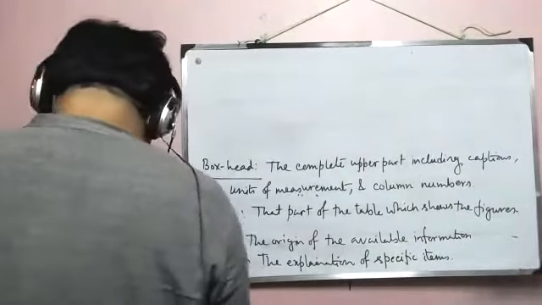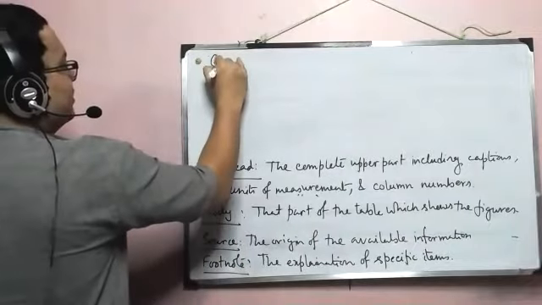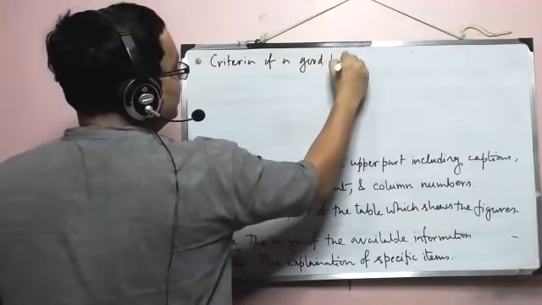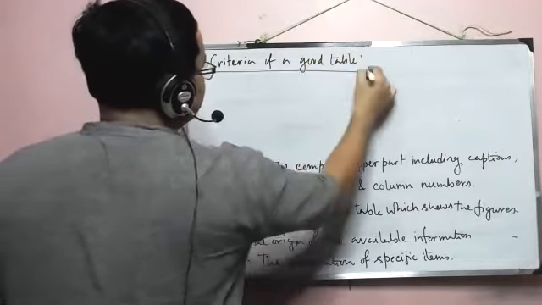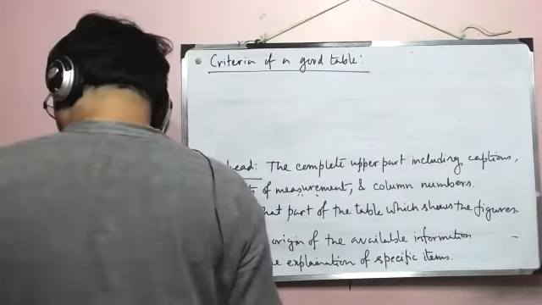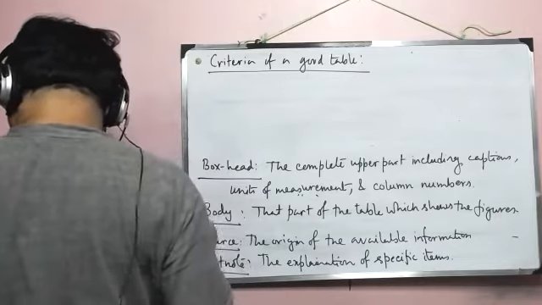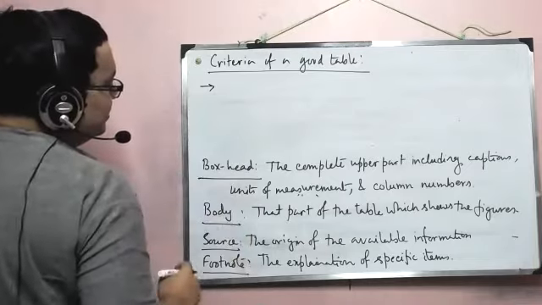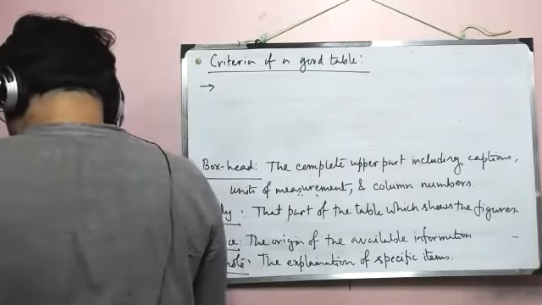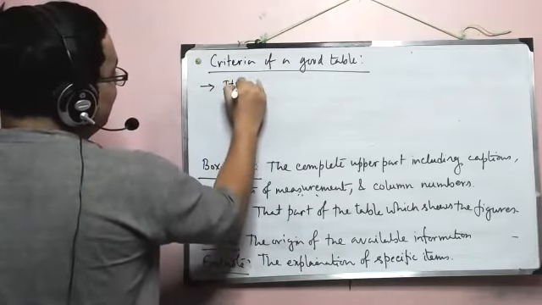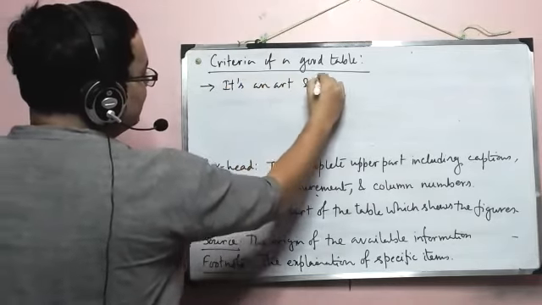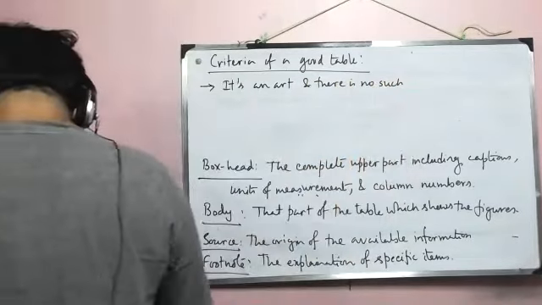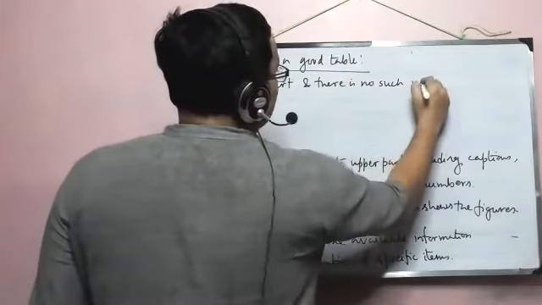Okay, so criteria of a good table. Okay, first thing that we must write will contradict whatever we write later. So what is that? It's an art, and there is no such rigid rule.